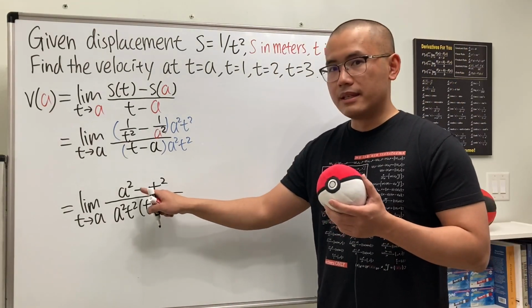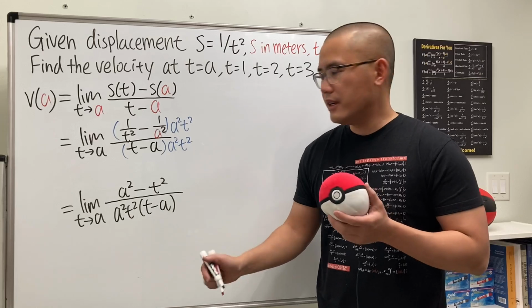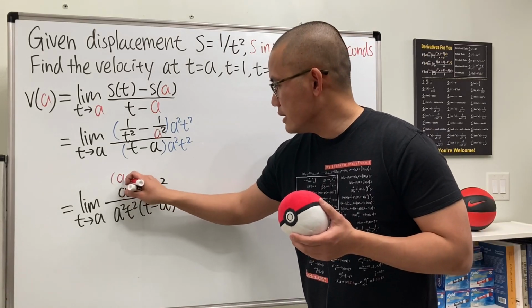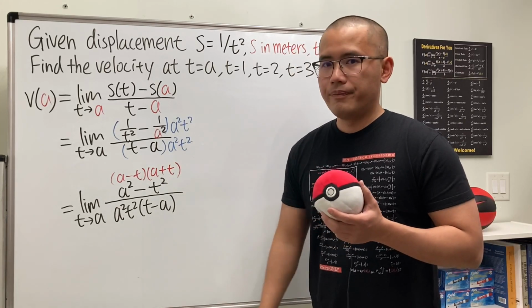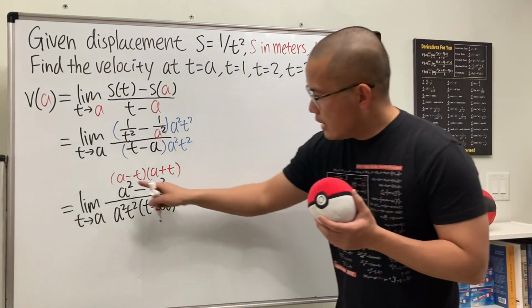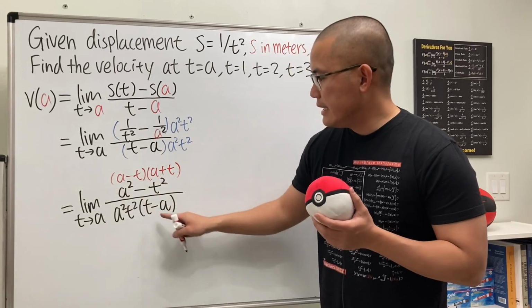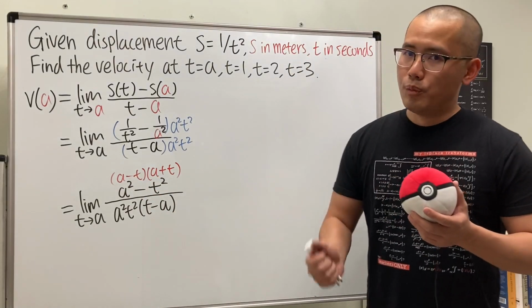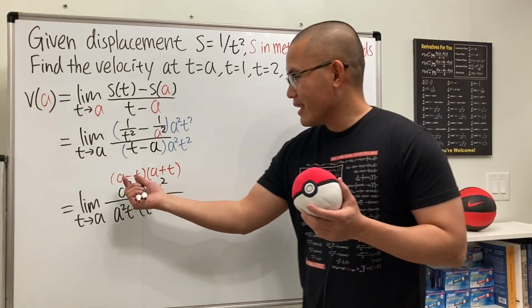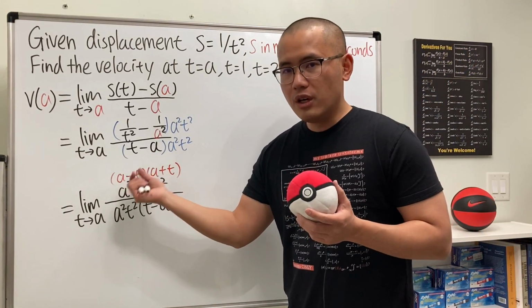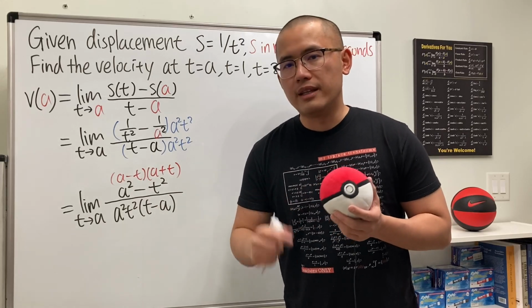All right, the top is a difference of two squares, so we can factor it, and we will get parentheses a minus t times a plus t. Good. But be really careful now. Notice this is a minus t and this is t minus a. They are almost the same. So what can we do? Well, we are just going to change the order of subtraction, but we will have to negate the result.